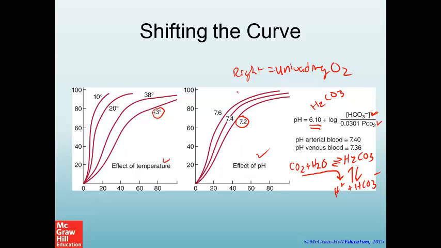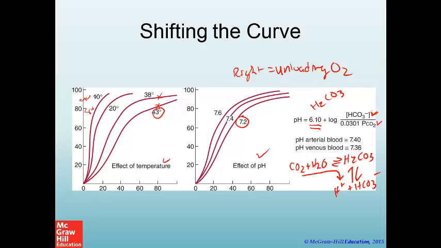So if we look at, let's say, a PO2 of 80 here, you've got a difference in saturation between about 90 here and about 80 here. So you're delivering more oxygen. There's less oxygen bound to hemoglobin, more is being picked up by the tissues.